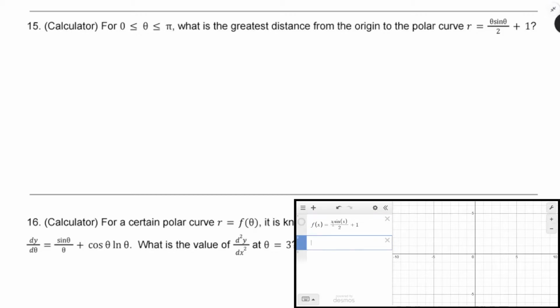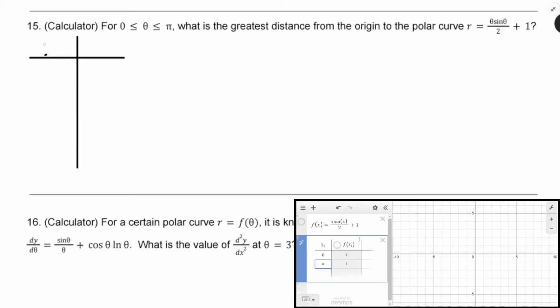Greatest distance from the origin. So I'm going to need a table and do a candidates test. I'm going to turn that off. And really the key is the first step. We turn that into f of x1. And we're definitely going to plug in 0 and pi. So we get 1 and 1. Both of these are 1. Greatest distance from the origin to the graph.